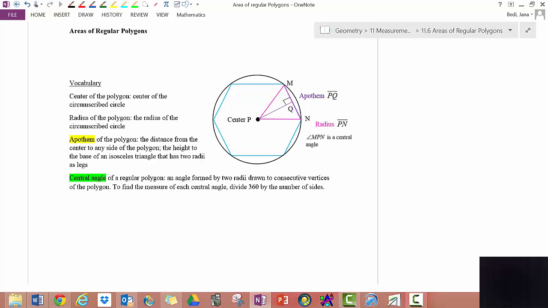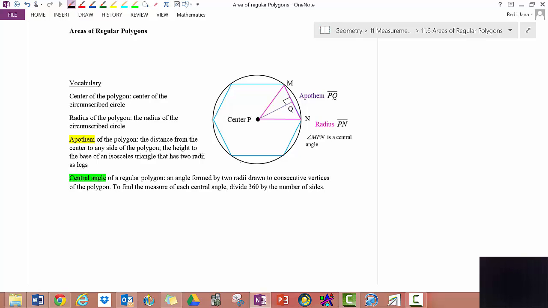Okay, just a reminder, a regular polygon is a polygon where all the sides are congruent and all the angles are congruent. The center of the polygon is the center of the circumscribed circle. The beauty of a regular polygon is it can be inscribed in a circle. You can try that out in Sketchpad if you like.